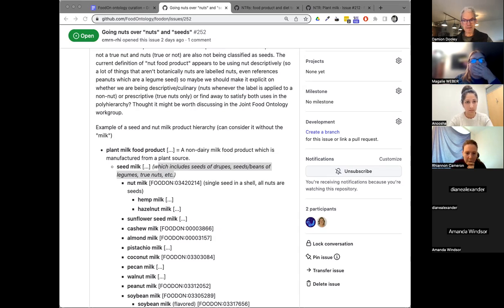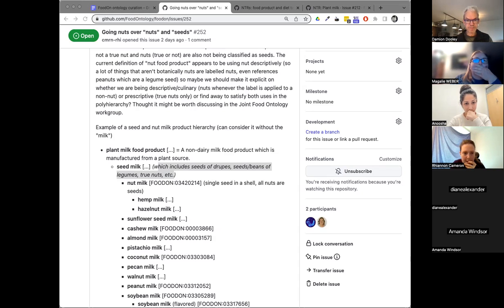Yeah. And then I'm just wondering, would we also need to modify the definition at all? Oh, interesting. I thought nut food product had a definition, but I don't see it when I'm looking it up right now. Maybe I'm thinking of nut milk.